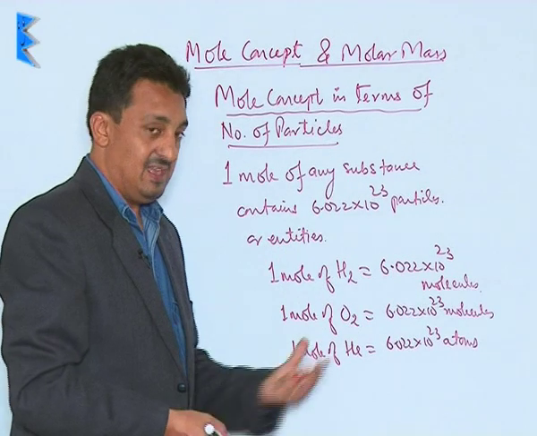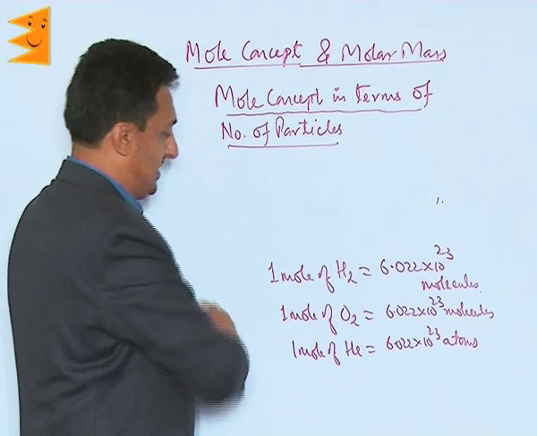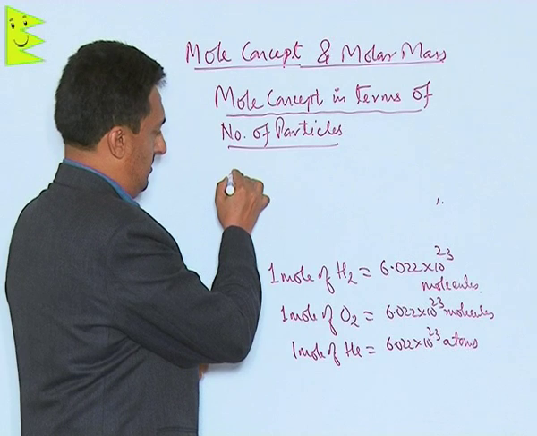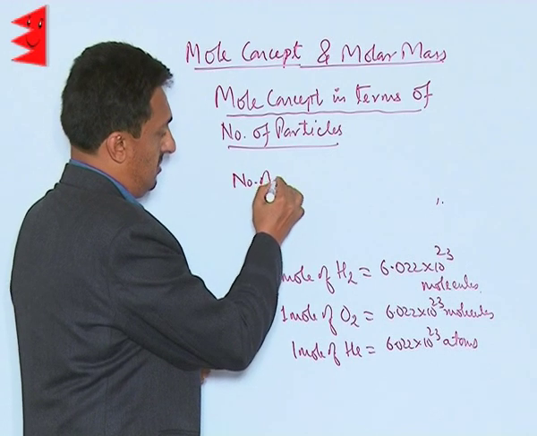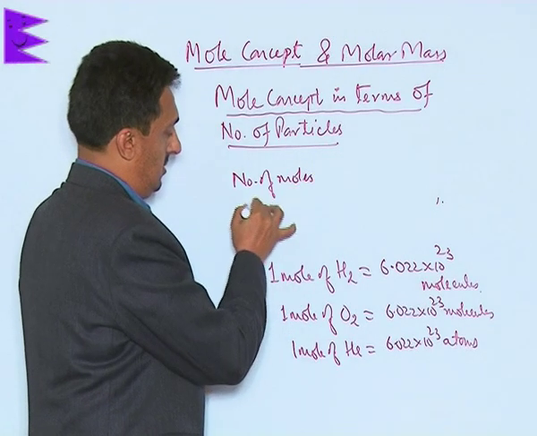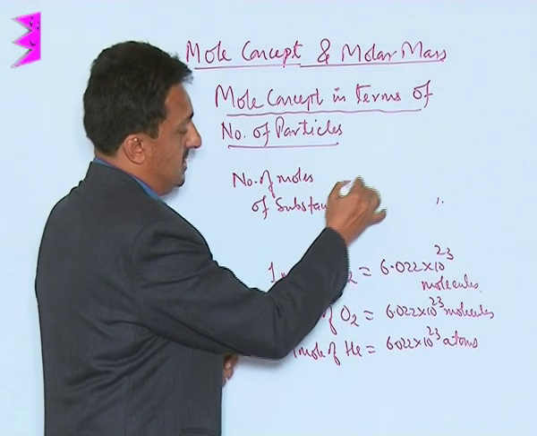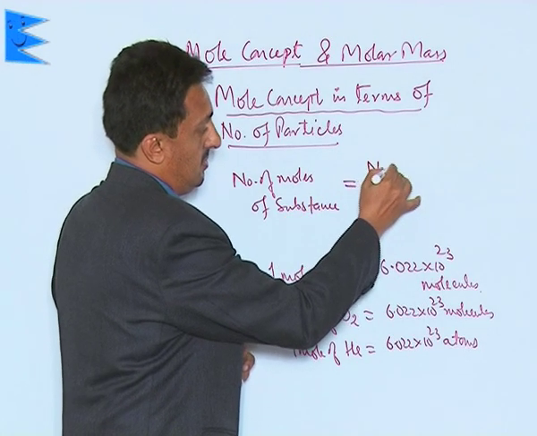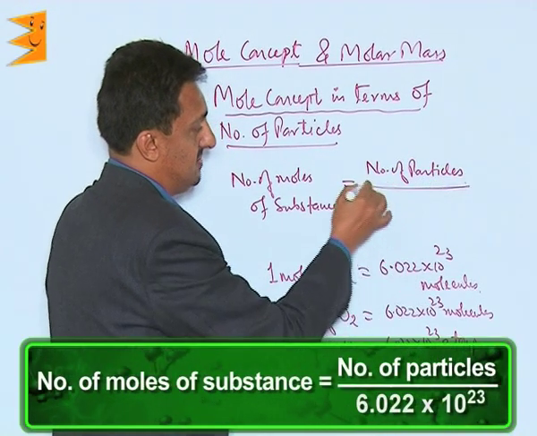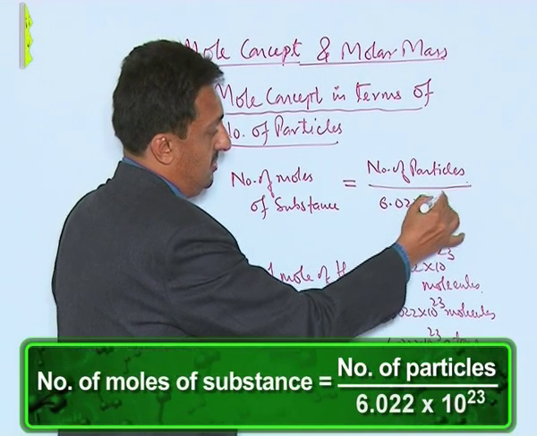Now this simple thing can be given a shape of a formula which will be almost like this: the number of moles of substance is equal to number of particles upon 6.022 into 10 to the power 23.